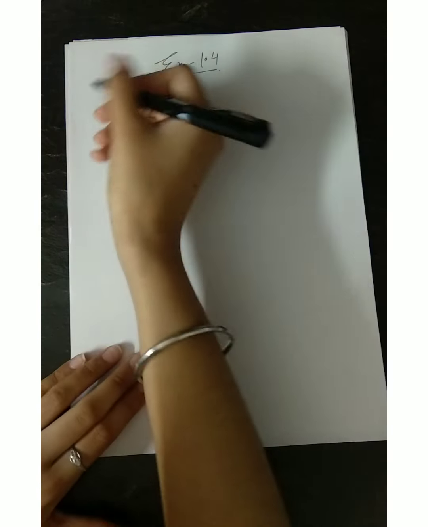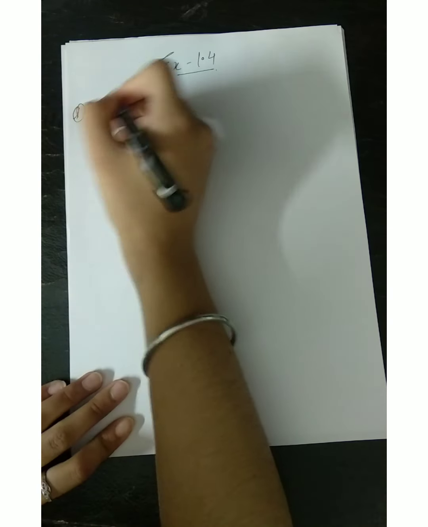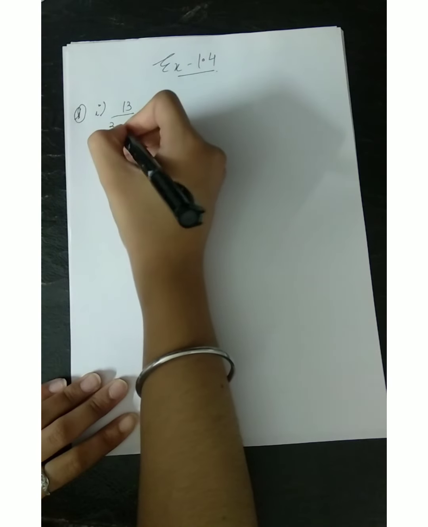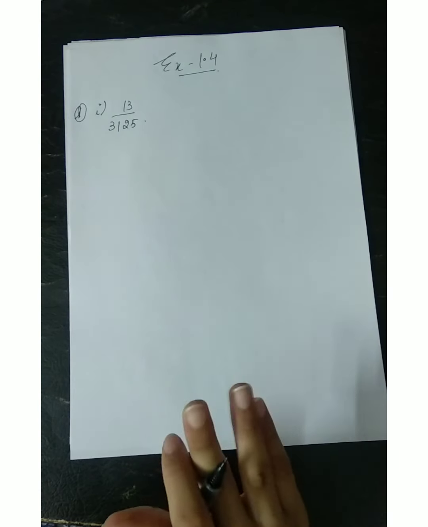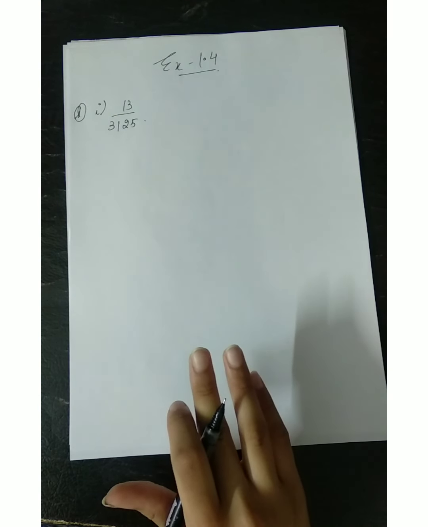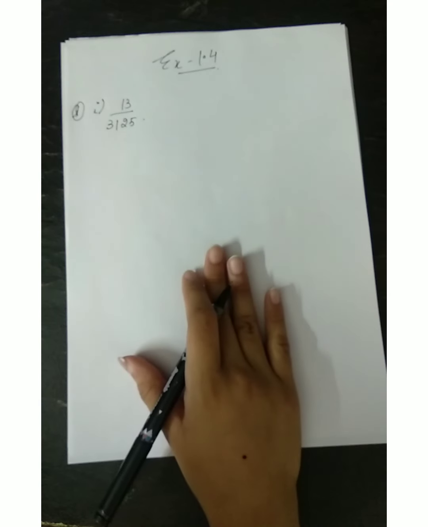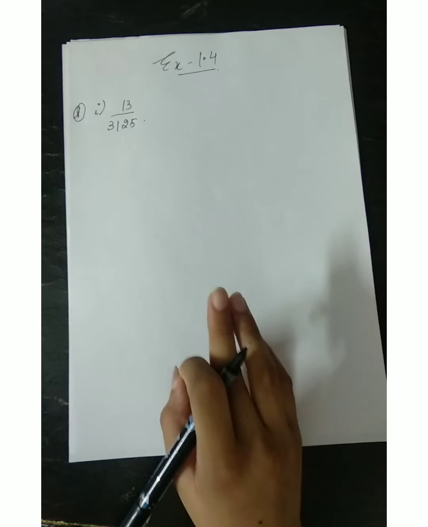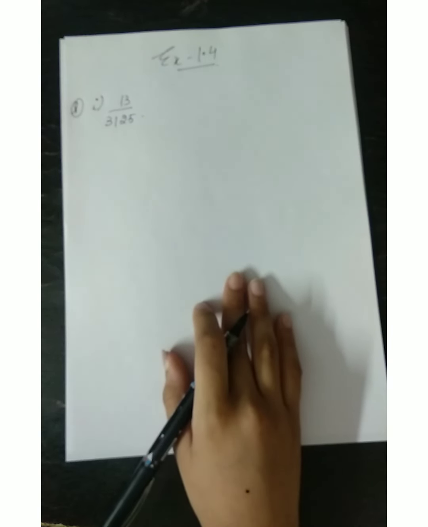Okay, so for our first question, the first part is 13 upon 3125. As we have discussed the first question, let's see the second question also. Now write down the decimal expansions of those rational numbers in question 1 above which have terminating decimal expansions.